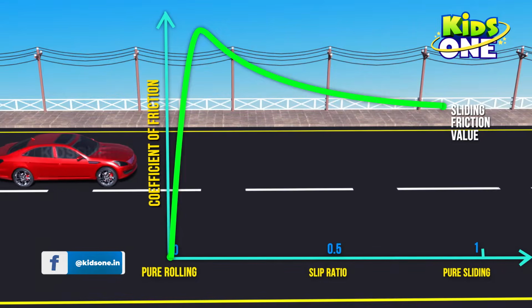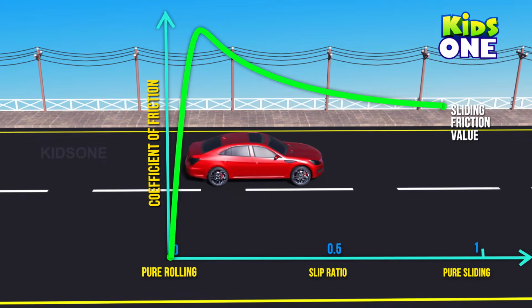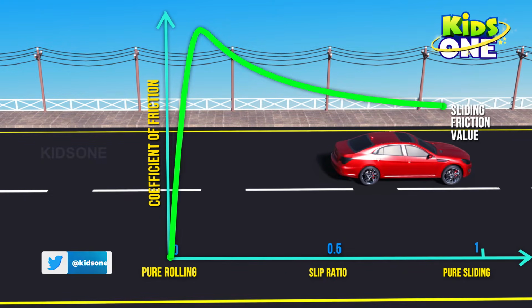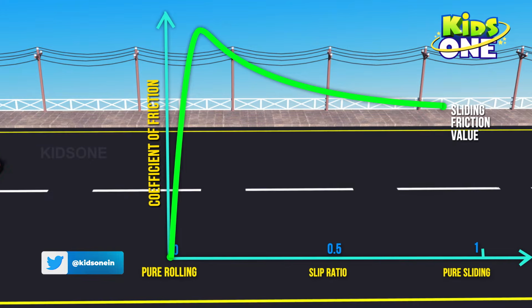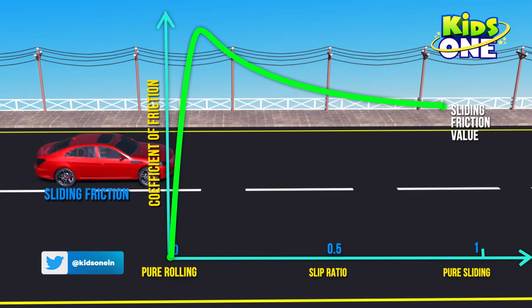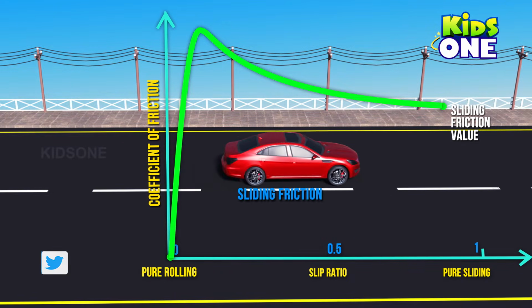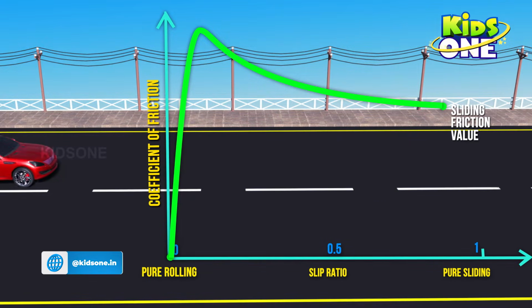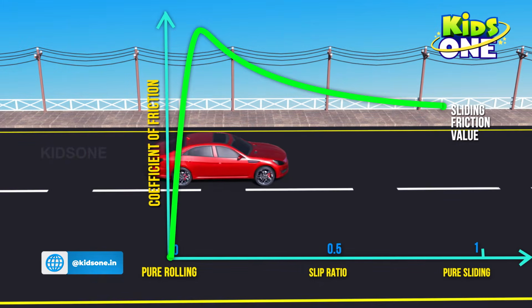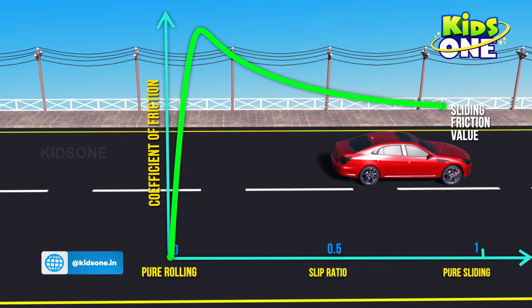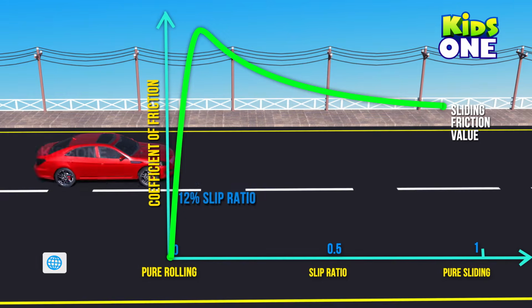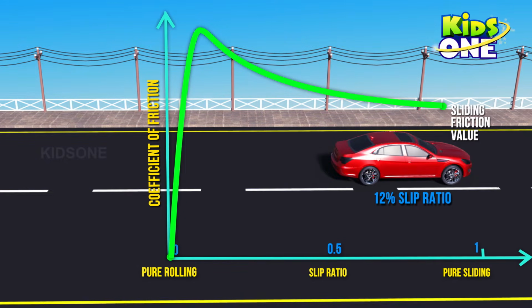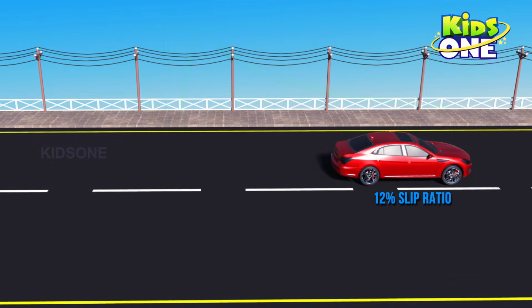During braking without ABS, the frictional coefficient which comes into effect is predominantly the sliding friction. However, in ABS braking, the algorithm adjusts the brake pressure to keep the slip ratio near 12%, where the frictional value is at the maximum. This significantly reduces the braking distance.